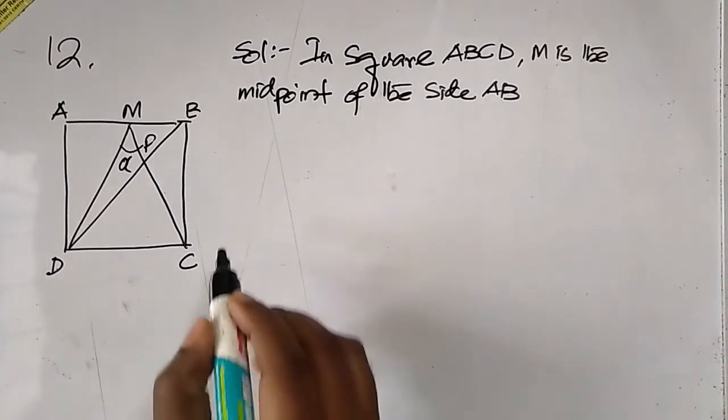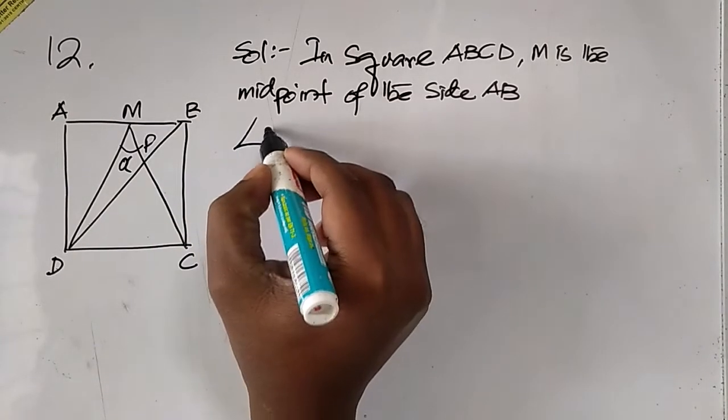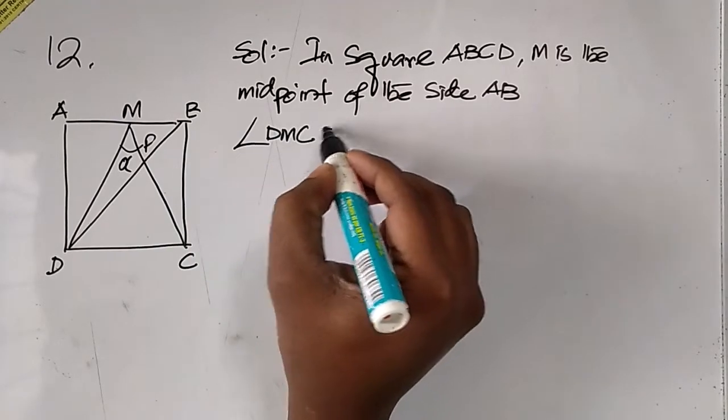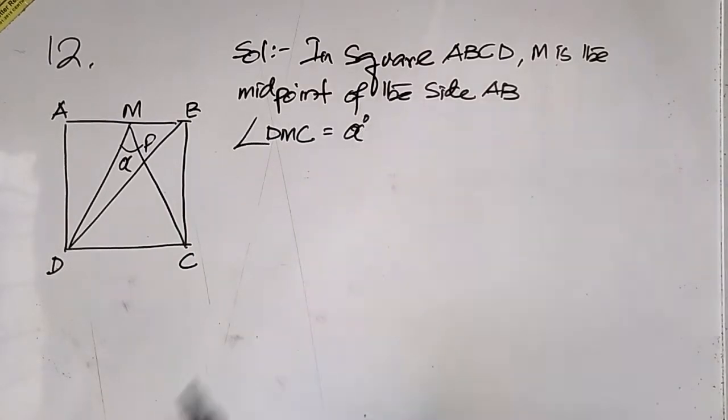And there is one more thing that is mentioned in the question, that is angle DMC is equal to alpha degree.